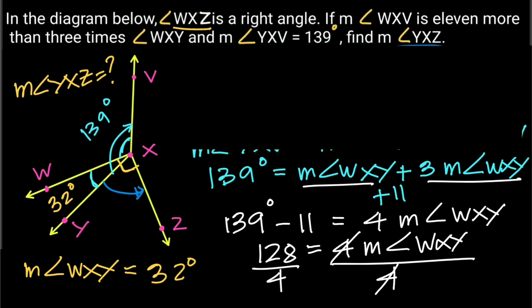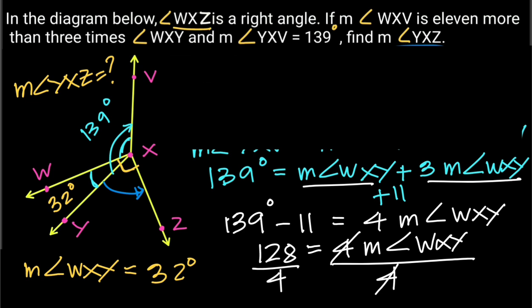Since angle WXZ is a right angle, the sum of the measure of WXY and YXZ is equal to WXZ, which is equal to 90 degrees. So we can write an equation from that.